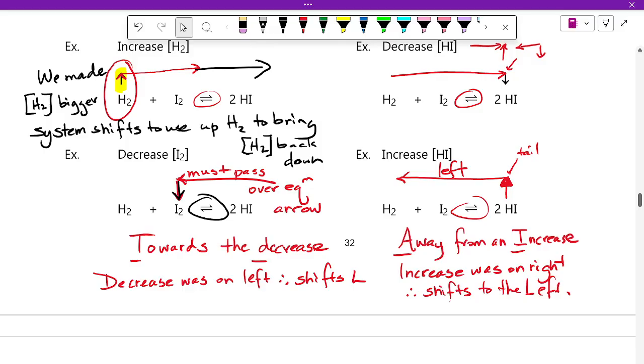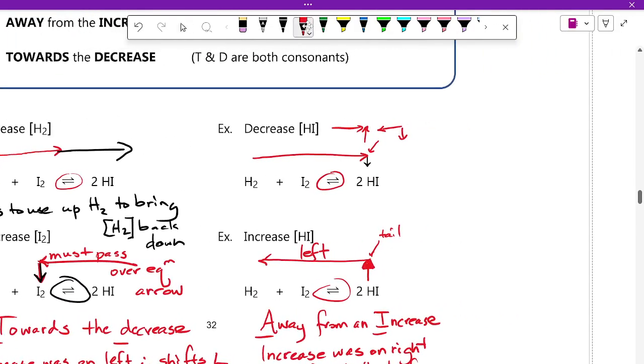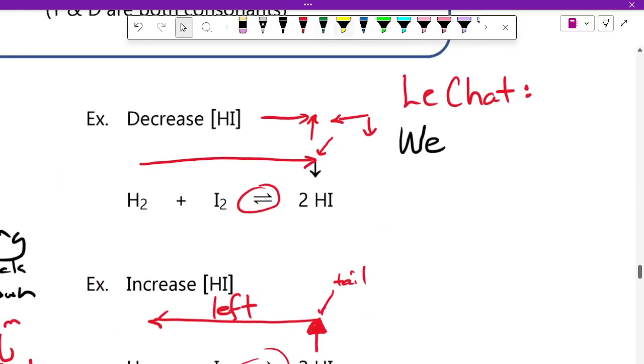And then, for example, over on the decrease in HI, what Le Chatelier says, and sometimes I just call it Le Chat. If you don't want to say Chatelier because it's way too long a word, Le Chat. Le Chatelier says, what did we do in this example?